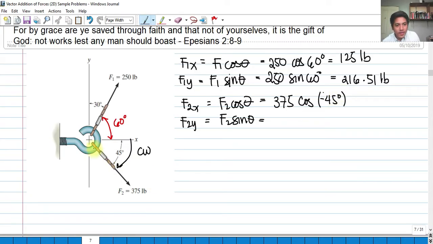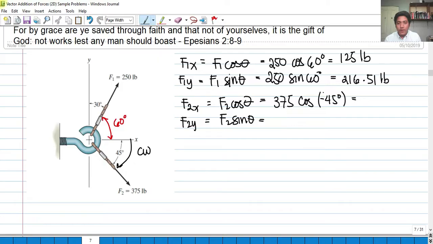It is evident that if we resolve F2 into its x component and y component, we will have a positive x and a negative y.